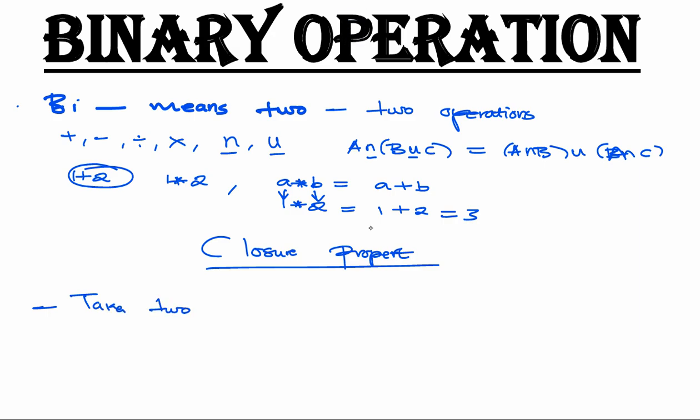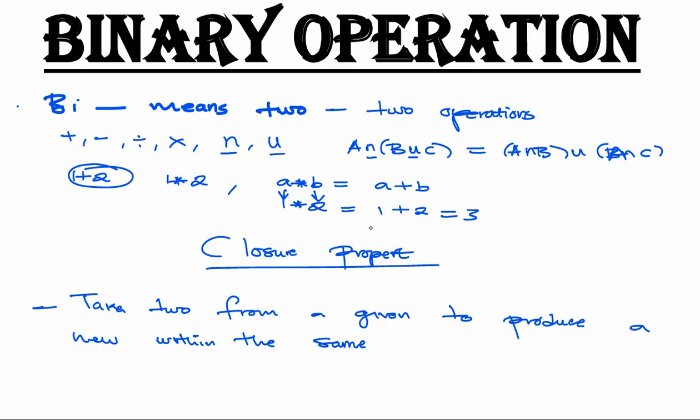Let's take two numbers from a given set, and we're going to produce a new number within the same set.